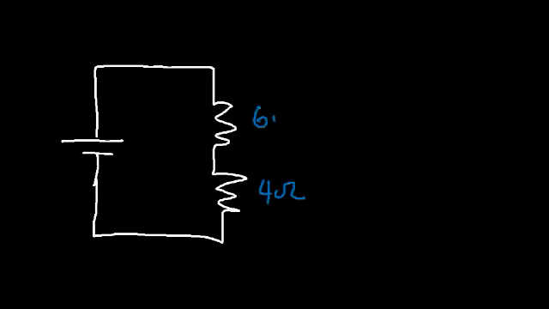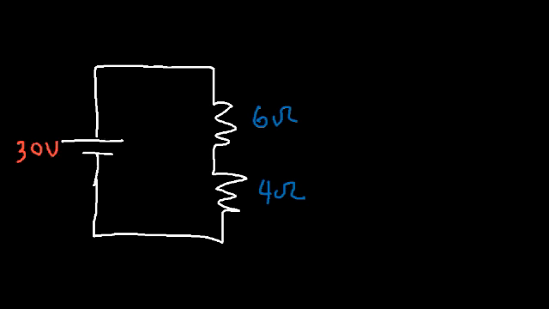Now let's solve a series circuit. Let's say we have 2 resistors, and the first one has a resistance of 4 ohms and the second one 6 ohms. Let's say we have a 30-volt battery.